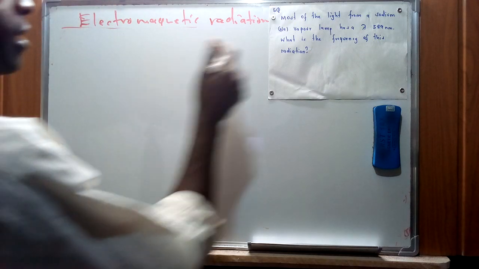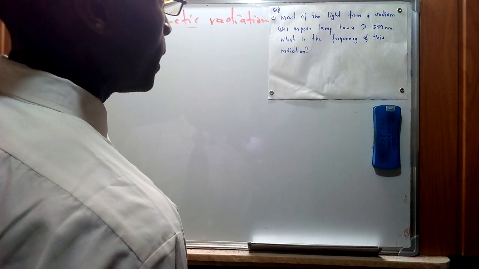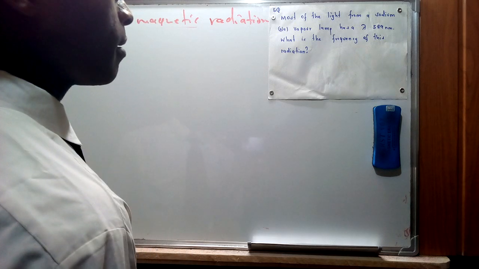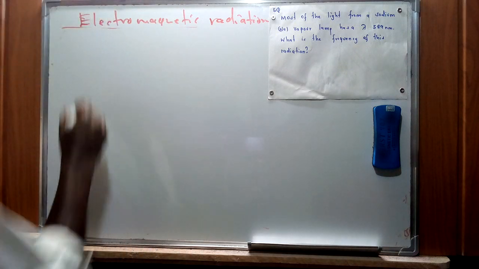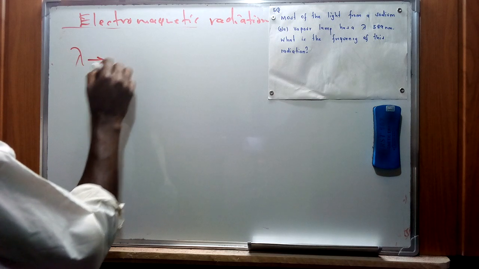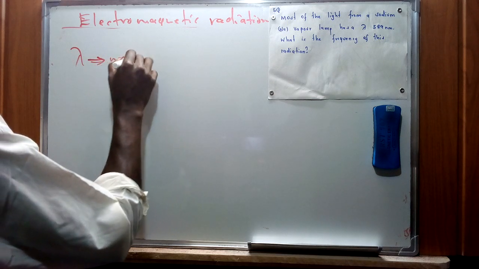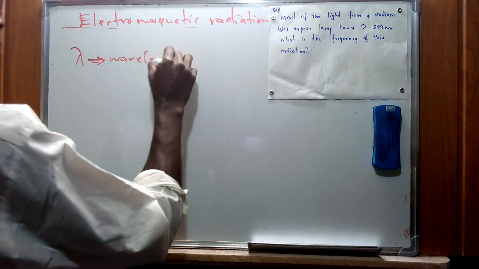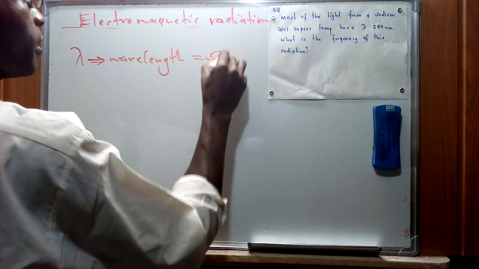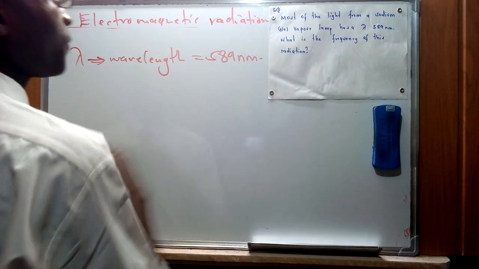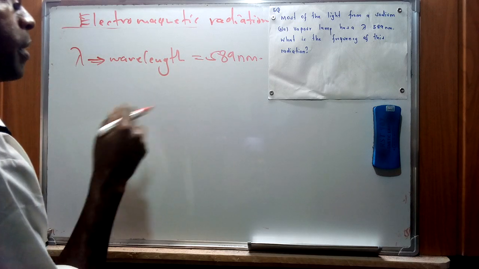So most of the light from a sodium vapor lamp has a wavelength, lambda, of 589 nanometers. What is the frequency of the radiation?